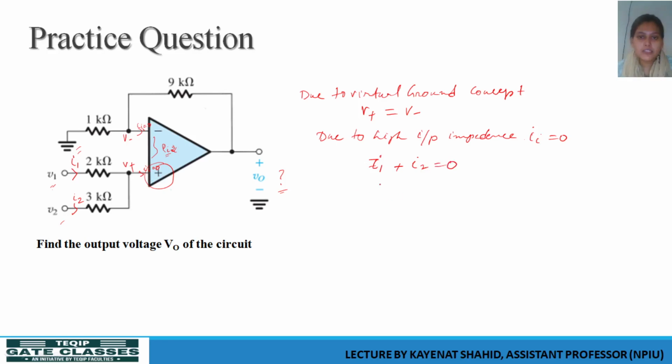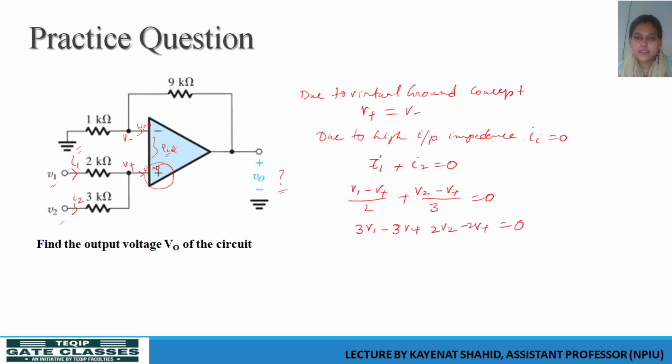I1 is nothing but V1 minus V plus by 2k, and I2 is nothing but V2 minus V plus by 3k. From here we can find a relation. So we can solve it: 3V1 minus 3V plus plus 2V2 minus 2V plus equal to 0.